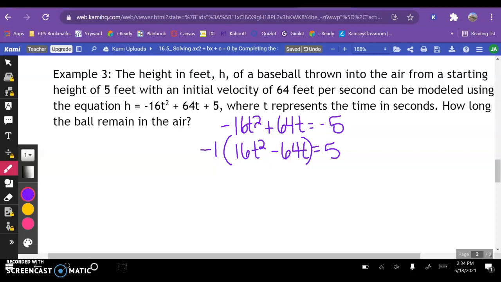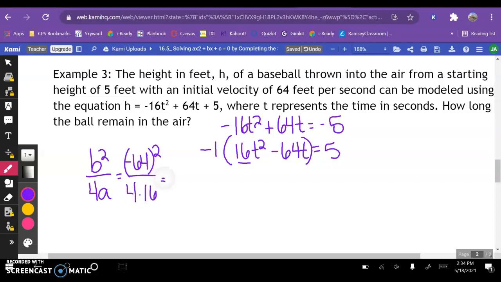And then we're going to focus on what's inside of the parentheses. We are going to have to figure out what our c value is. We do have 16 out front, so we can take the square root of that, so we're in good shape. So b squared over 4a. b is negative 64, and a is 16.